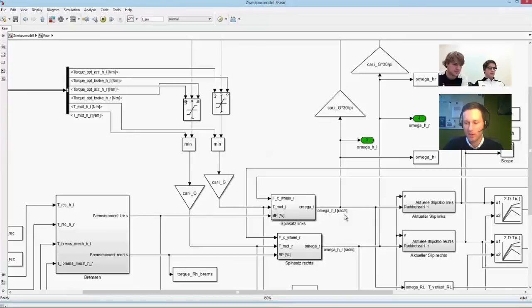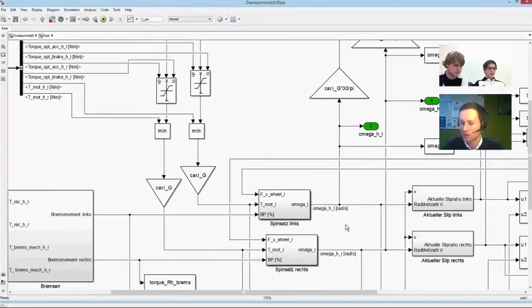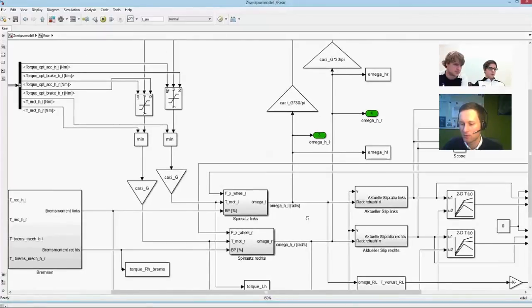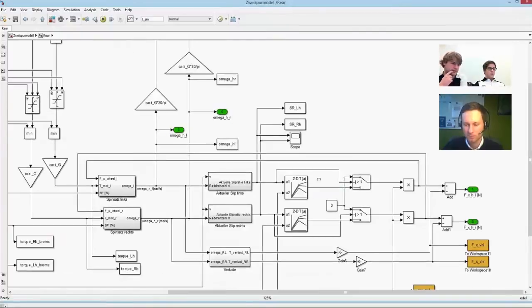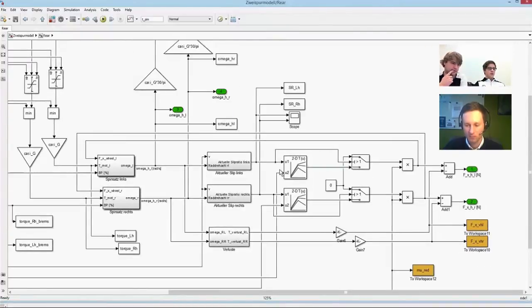Okay. What I also see at the right now, there are some lookup tables. What are they representing? Exactly. So on this side we have our tire. So by calculating the slip ratio and the wheel normal force, which comes from here, we can calculate our tire forces. Okay, perfect. Thank you.